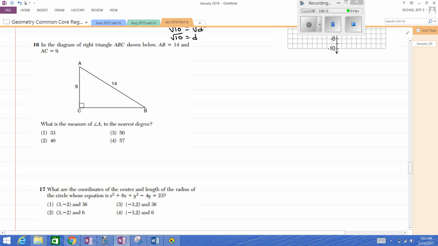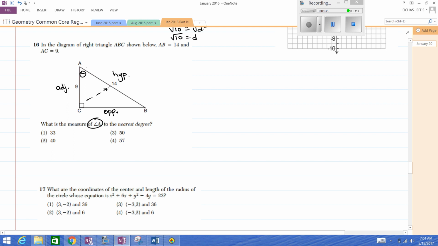All right, next. Looking at measure of angle A, let's put a theta right there. So this is just a straightforward trig problem. What we'll do is label the sides relative to that angle. Of course, this is the hypotenuse, opposite the right angle.